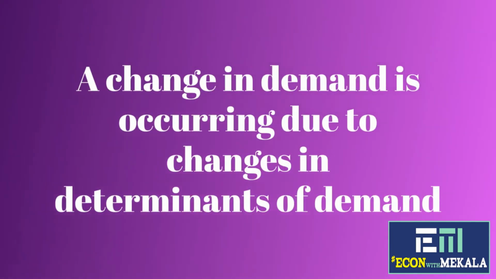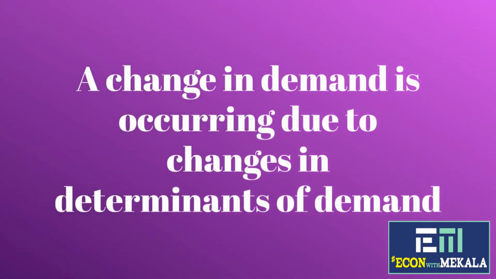If we look at determinants of demand, changes in consumer income, changes in population, changes in prices of substitutes or complementary goods, and even changes in consumer taste or fashion can impact on changes in demand. When we say changes in demand, this can shift the entire demand curve either right or left.